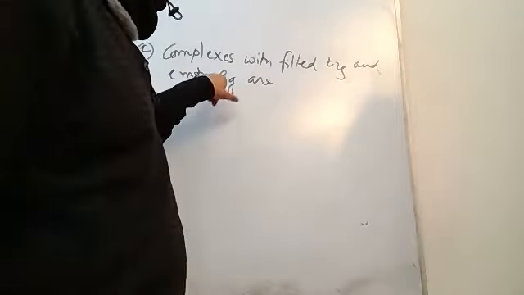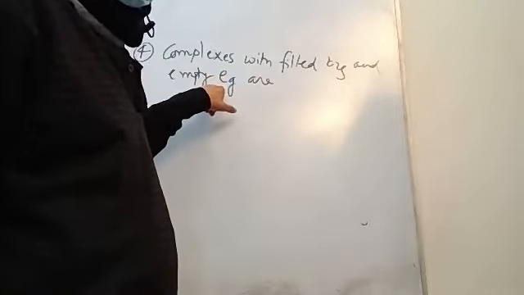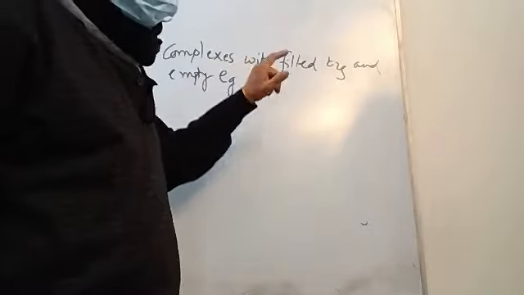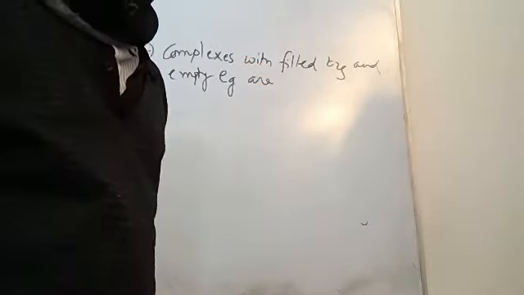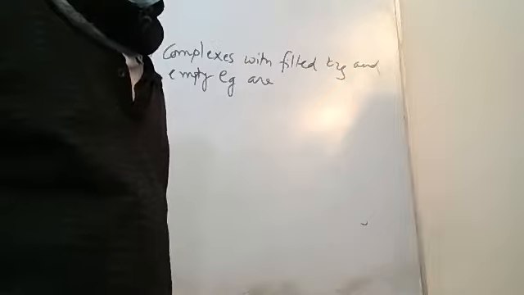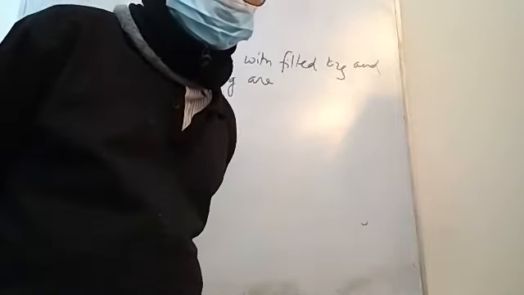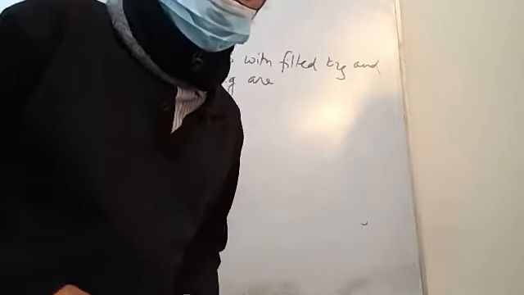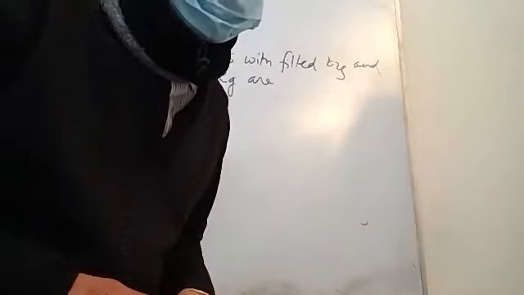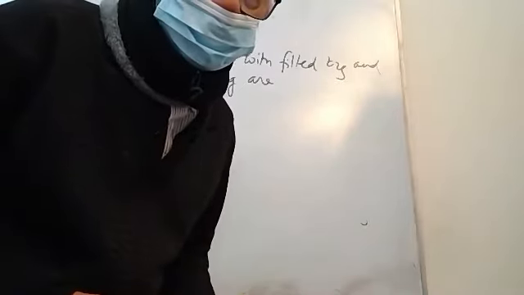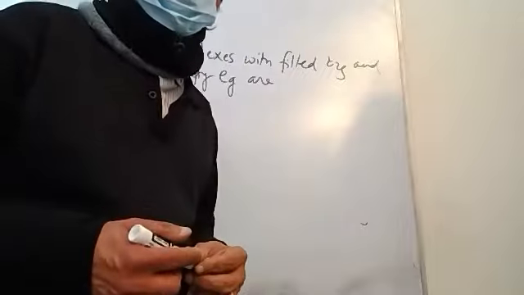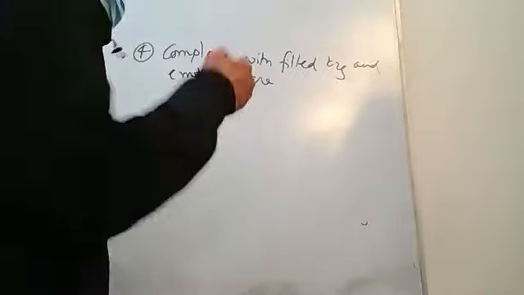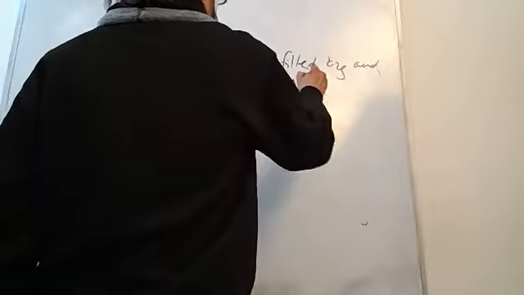There are no electrons in the eg high levels, and the t2g is completely full. Inert. You are absolutely correct. Whoever answered, I didn't see. Is it Medina? Yeah. You're paying attention to this. You're absolutely correct. That is inert.